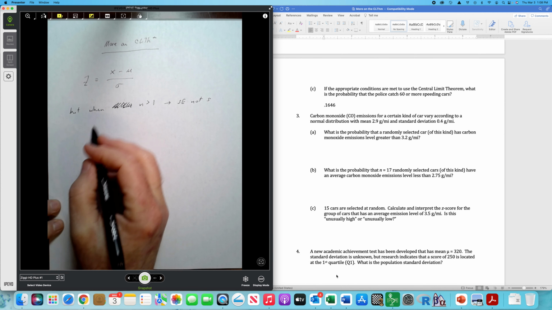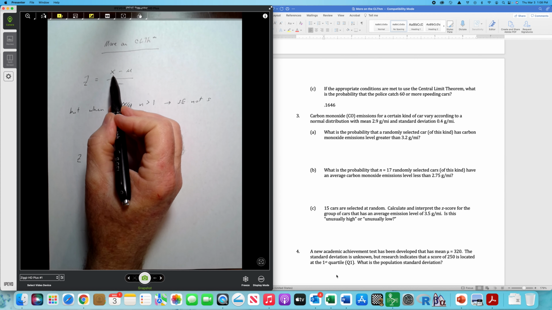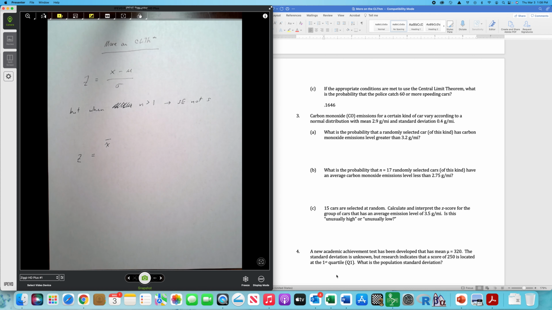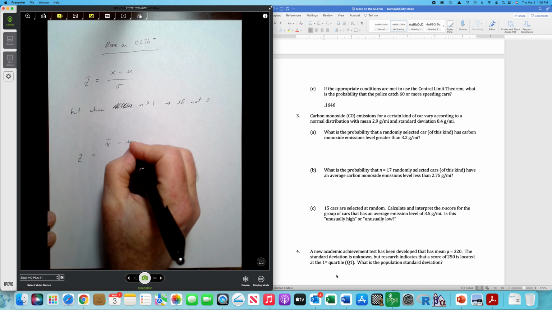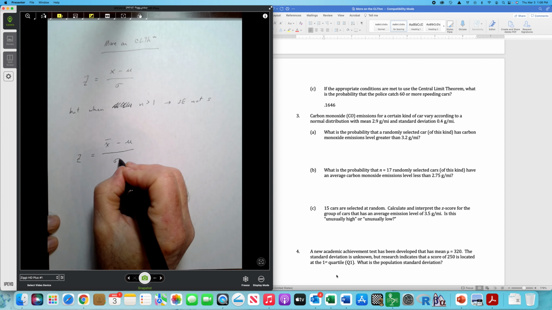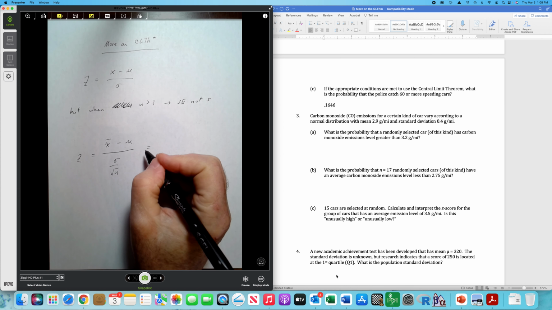So we have to make the difference. So the object of interest is no longer a single score we give with x. Our object of interest is the sample mean, x bar, minus the mean mu over the standard deviation.